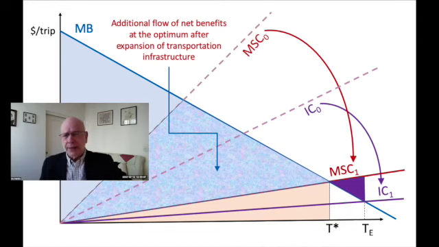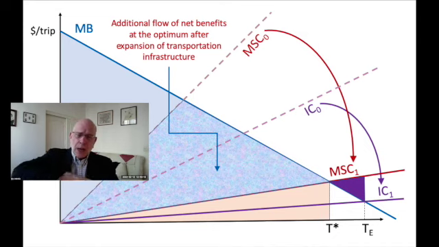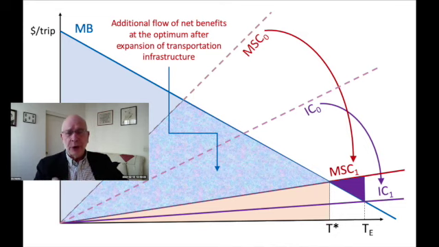It's nice to have that individual cost curve and the corresponding marginal social cost curve getting flatter and flatter. And it's represented, note here, by the area of total net benefit derived from use of the system being higher. Now, a couple of things to mention about this. One is that some people argue that this shows that building more capacity is futile, that as you build more capacity, there will be more trips.